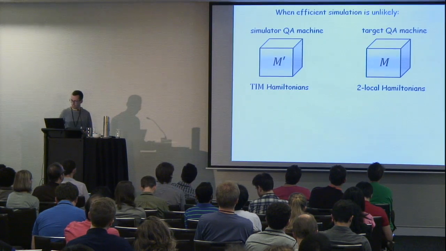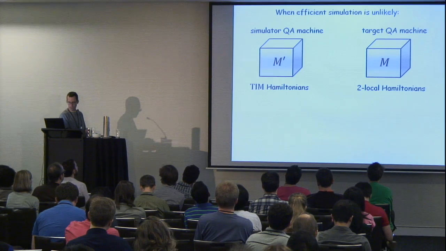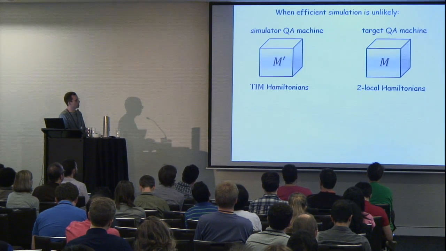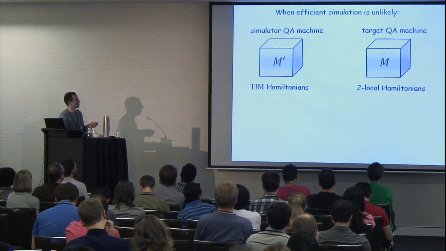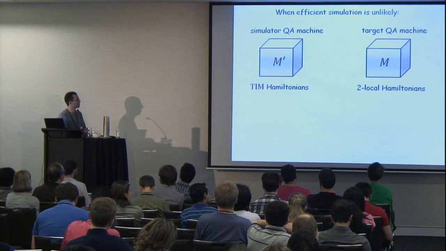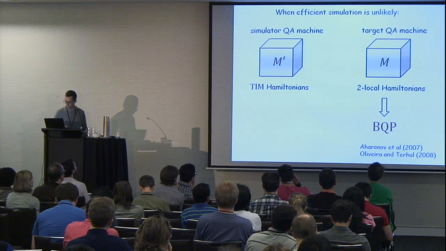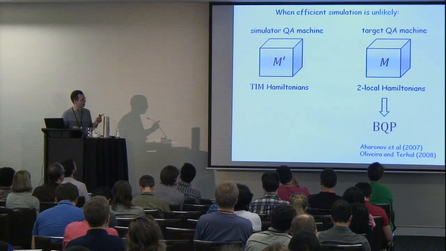Okay, so let's go back to this example that I mentioned, and we'll see that efficient simulation of the class of all two local Hamiltonians is unlikely if you're using a simulator quantum annealing machine which is only capable of implementing transverse Ising model Hamiltonians. So this is not quite correct.